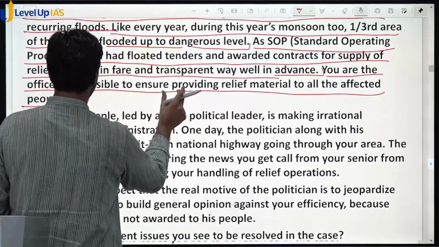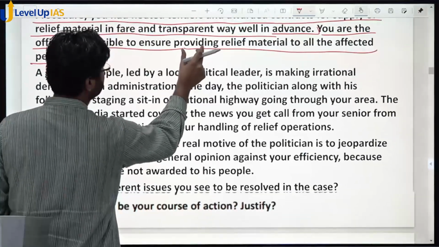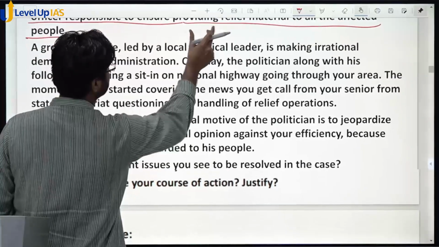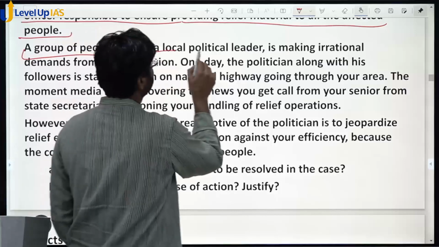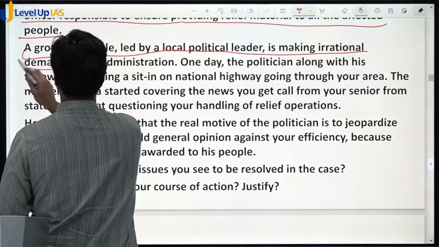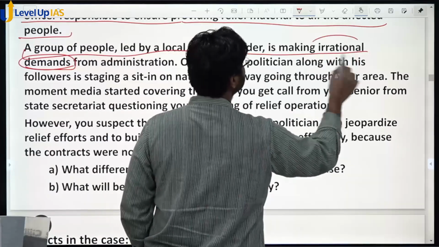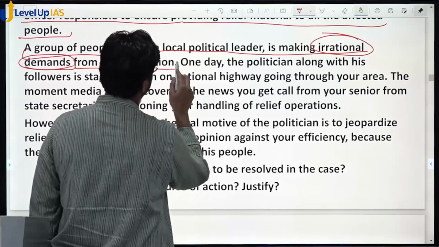Now a group of people led by a local political leader is making irrational demands. Irrational is irrational, okay, from the administration's point of view, and he is a political leader.